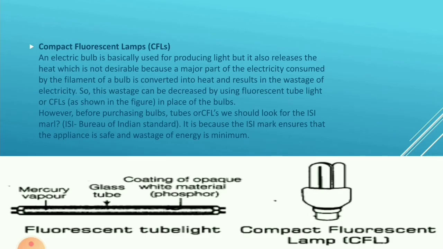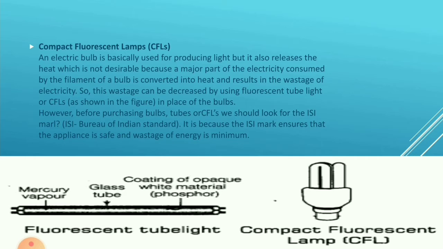Next, let's see about compact fluorescent lamps, which are shortly known as CFLs. An electric bulb is basically used for producing light, but it also releases heat, which is not desirable, because a major part of the electric energy consumed by the filament of a bulb is converted into heat and results in the wastage of electricity. This wastage can be decreased by using fluorescent tube lights or CFLs as shown in the figure in place of bulbs.